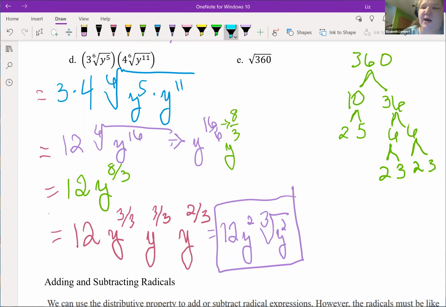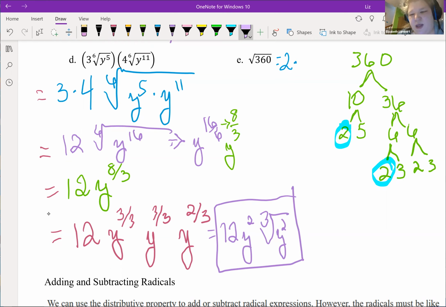What we need to do now is find our pairs. So I have a 2 and another 2. I like the colors here because then it can be like, oh, I got that taken care of. And let me write that down. 2 on the outside. All right. See the 5, there's not another 5. Oh, there was another 2, but there wasn't another 2.